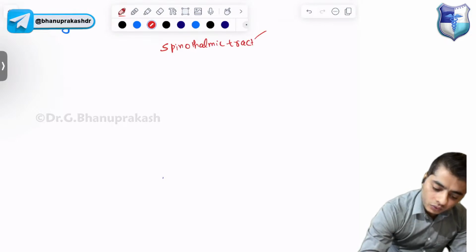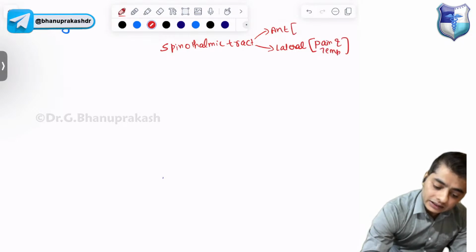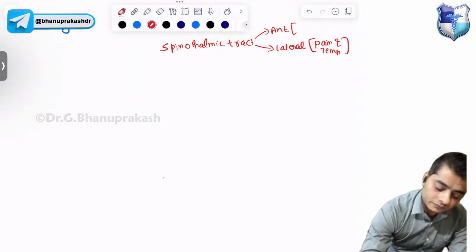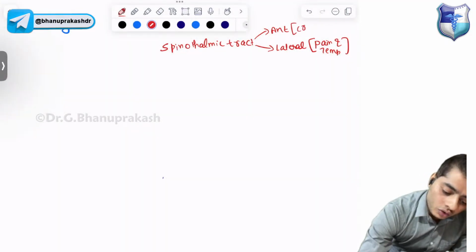It has two parts. One is anterior and the other is lateral. The lateral part carries pain and temperature, and the anterior part carries crude touch.